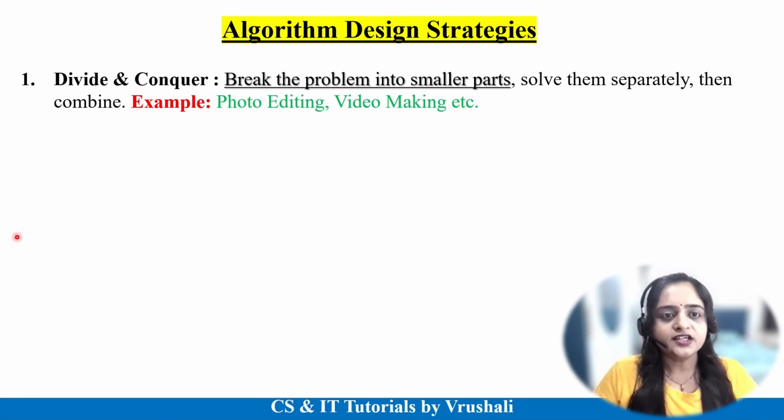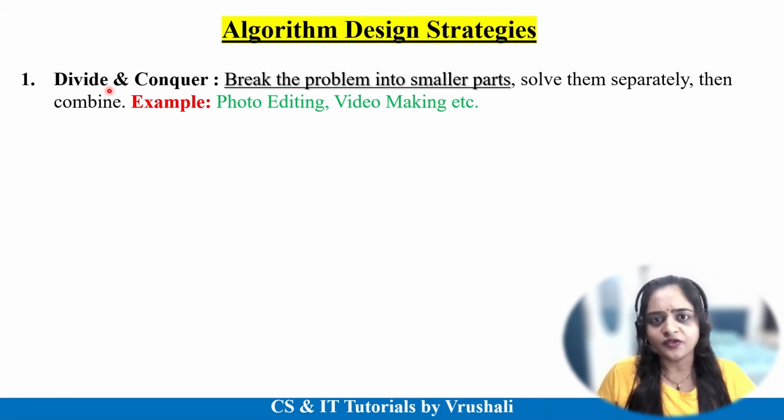The first algorithm design strategy is divide and conquer. As the name suggests, if you have a big problem, divide it into smaller parts, find the solution for each, and after that merge them. This is called the divide and conquer strategy.